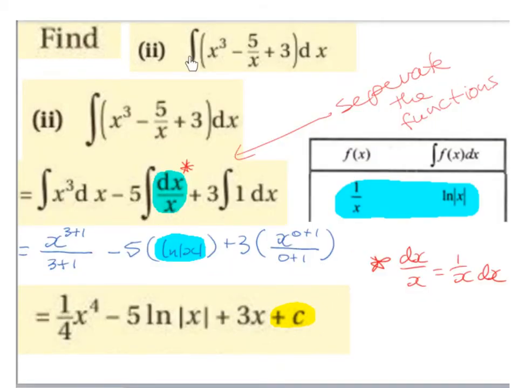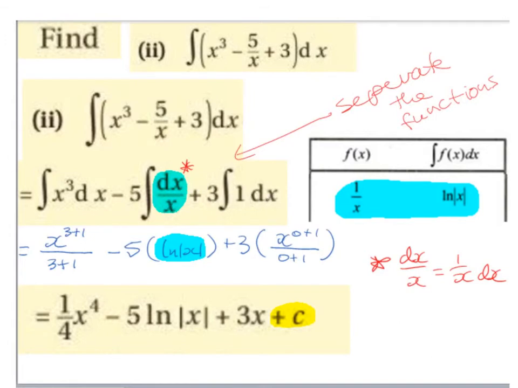Next, find the integral of x cubed minus 5 over x plus 3 dx. We separate the functions. So we have the integral of x cubed dx minus 5 times the integral of dx over x plus 3 times the integral of 1 dx.